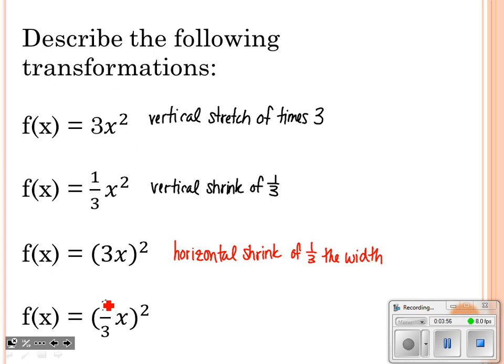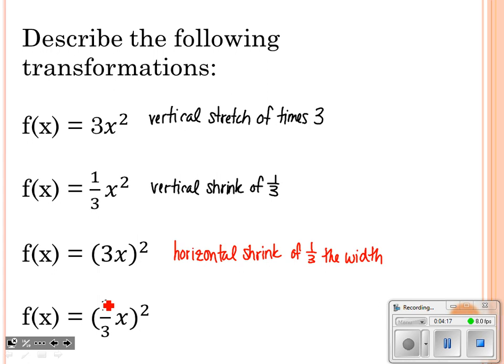Okay, and I'm going to kind of describe that in a little bit more detail. I think this will help us simply because the shrink on this one, when we're talking about horizontal, we're talking about width. All right, so that horizontal shrinking is 1/3 the width. Okay, again, that'll be a little bit more apparent when we look at some graphs.